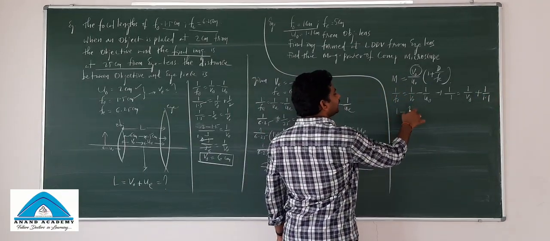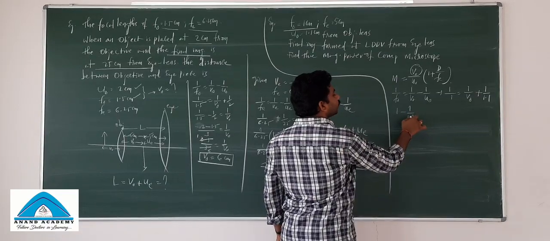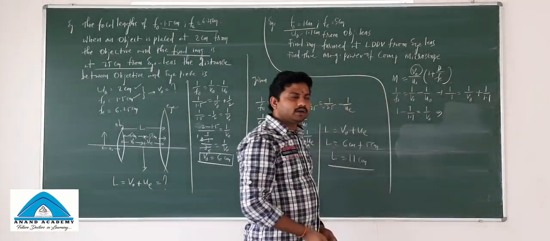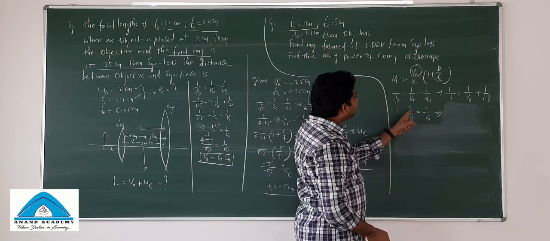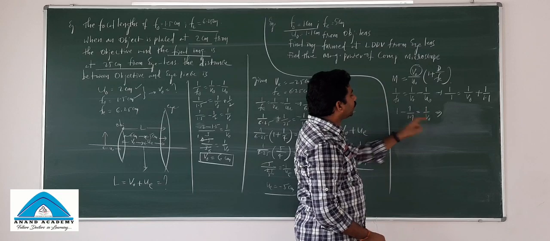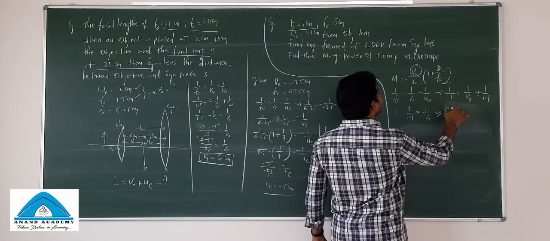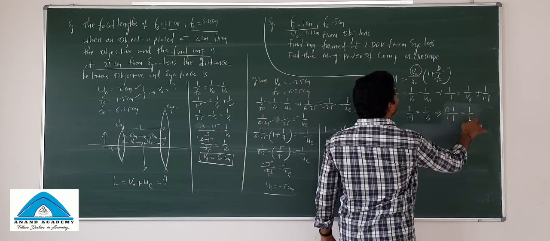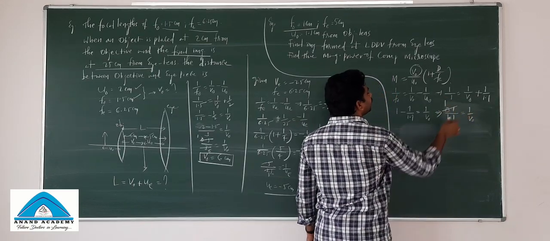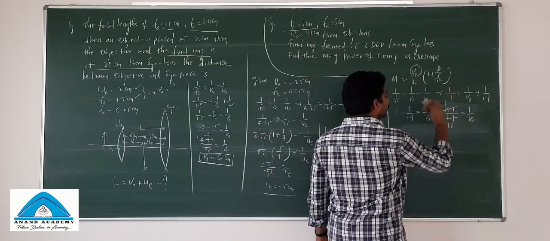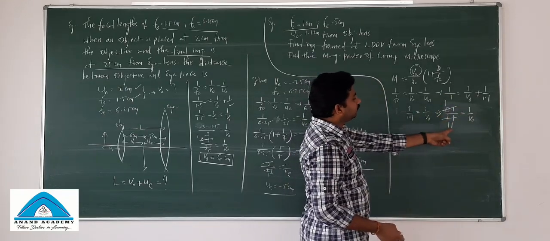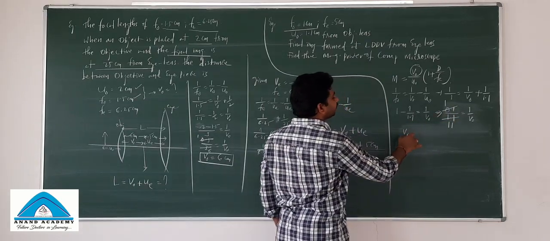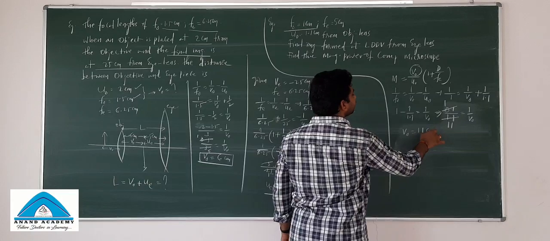So 1 minus 1 by 1.1 is equal to 1 by V naught, and this can be written as 0.1 by 1.1 is equal to 1 by V naught. 0.1 and 1.1 means 11. 0.1 into 11 is 1.1. So you got V naught is 11 centimeters.